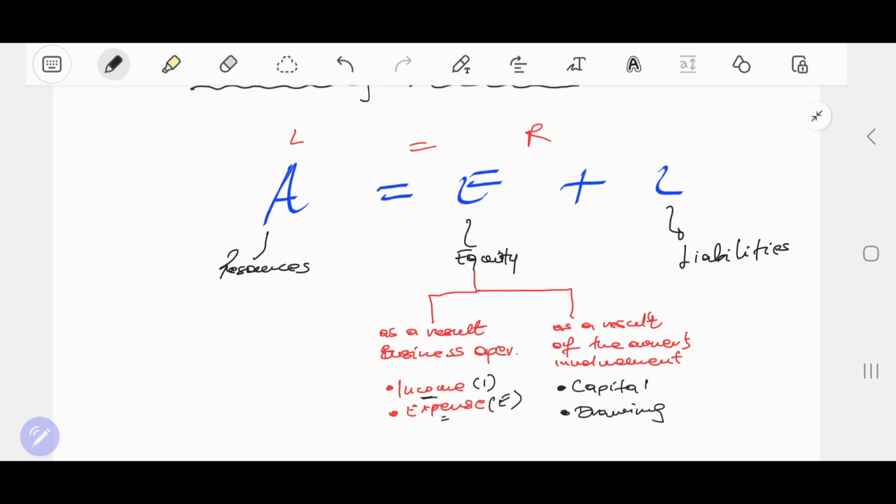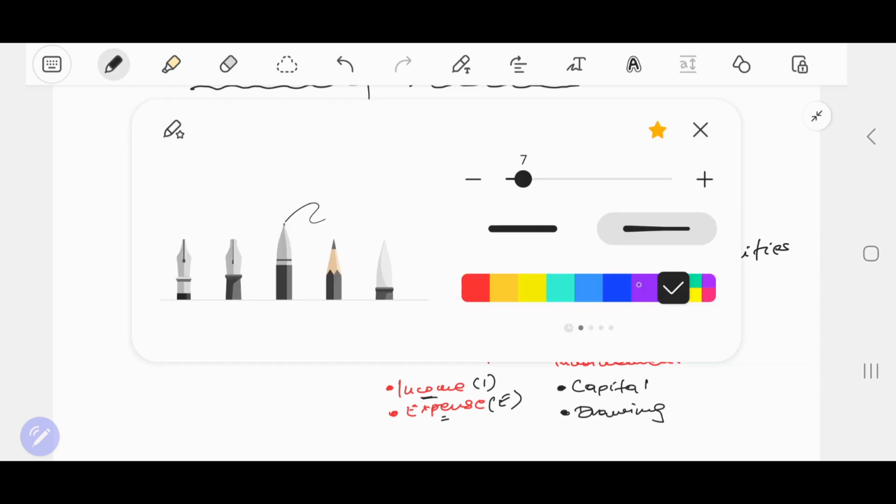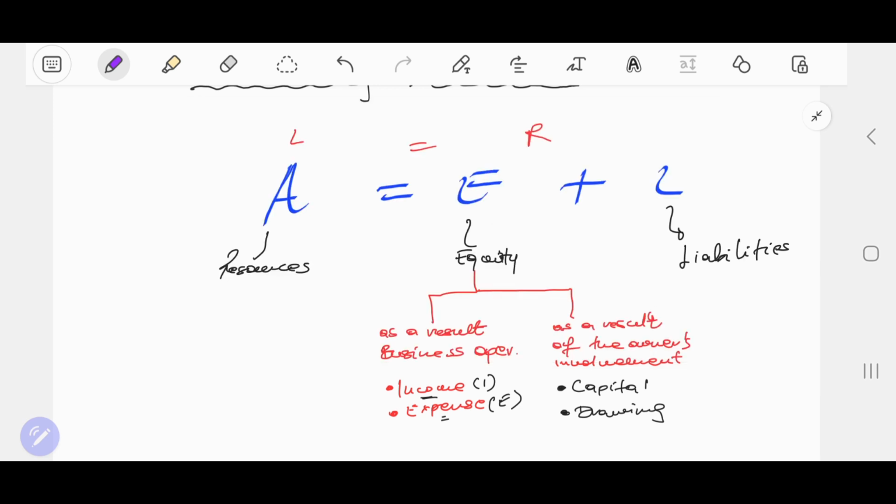So according to the accounting equation, in terms of equity as a result of the owner's involvement in the business, we speak of capital. Capital is when the owner invests, when the owner puts money into the business.